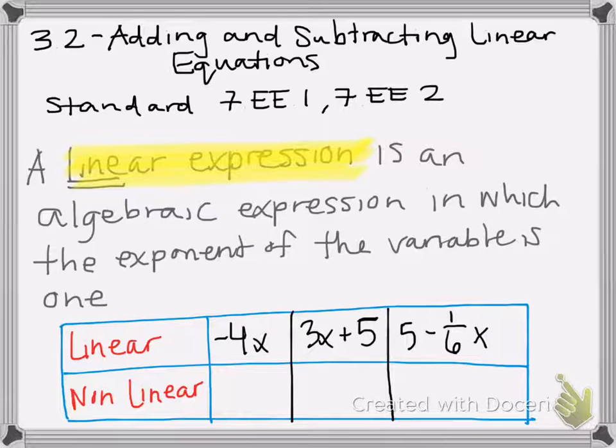And then non-linear would be x squared, 7x to the third plus x. I'm going to do another one, x to the fifth plus 1. Okay, Miss Chan, can you pause this and get some answers from the class? Go ahead and write it on your own whiteboard of linear and non-linear examples.